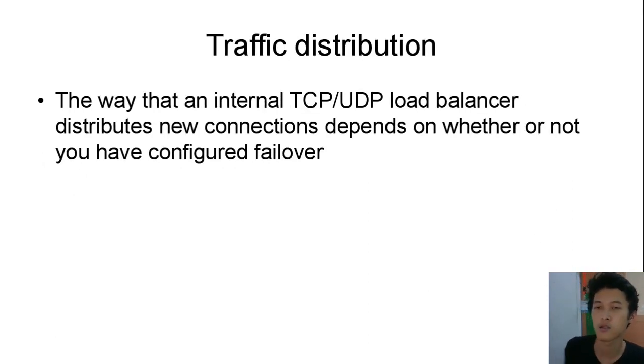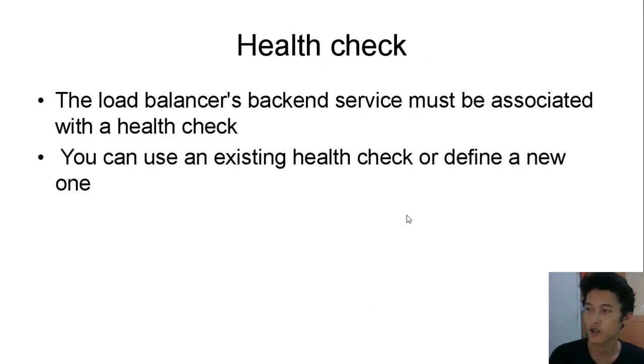The next thing is traffic distribution. It is the way that the internal UDP load balancer will distribute a new connection, and it depends on whether you have configured something called failover. Failover is related to the health check that I mentioned before.